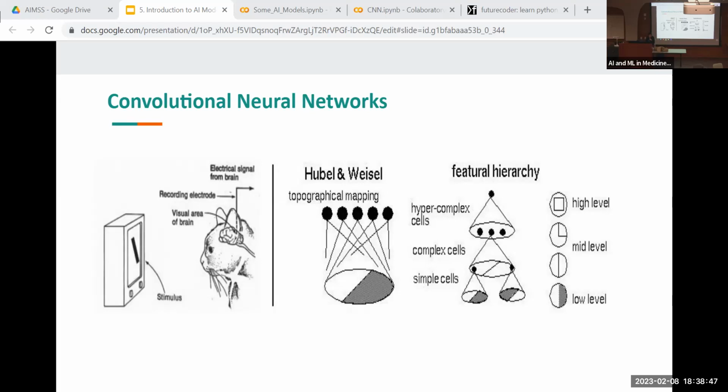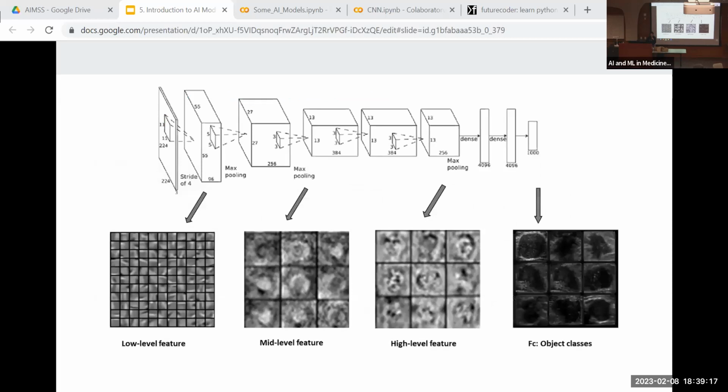There were some results from this experiment. One thing that they found out is that there is a featural hierarchy. It means that the visual system starts by understanding and perceiving low-level features, and as it gets through the visual system, the features become more high-level. The same behavior exists in convolutional neural networks.